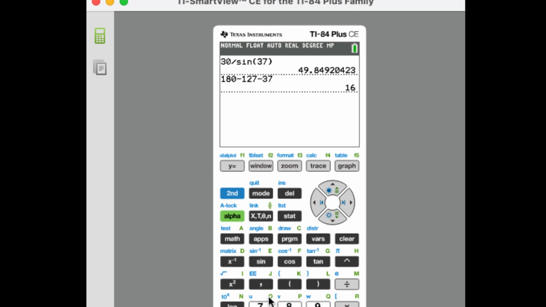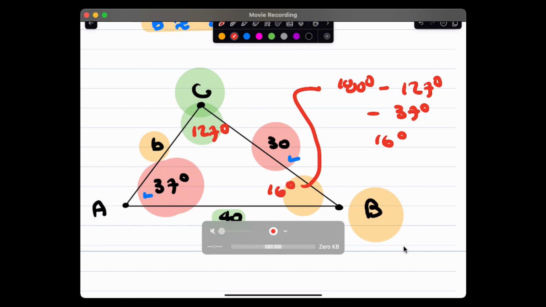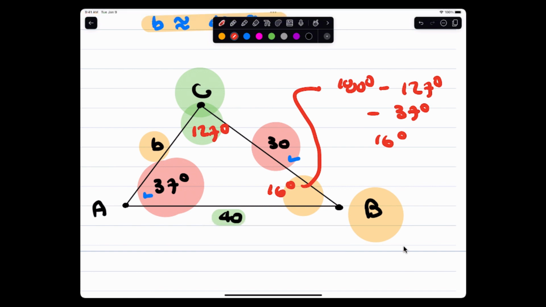Is that 16 degrees? Okay, that looks like this is 16 degrees. So what do you think, ladies and gentlemen? Does that make any sense? Does it make sense that there'll be a 16-degree angle? It's not negative. Good. Good job.